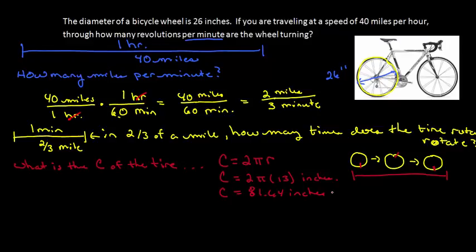So that's how many inches it travels in one revolution. But we want to know how many times it goes around in 2/3 of a mile. So let's switch that mile into inches. We know that there are 5,280 feet in every mile. So we take 2/3 and multiply it by 5,280, and that gives an answer in feet.